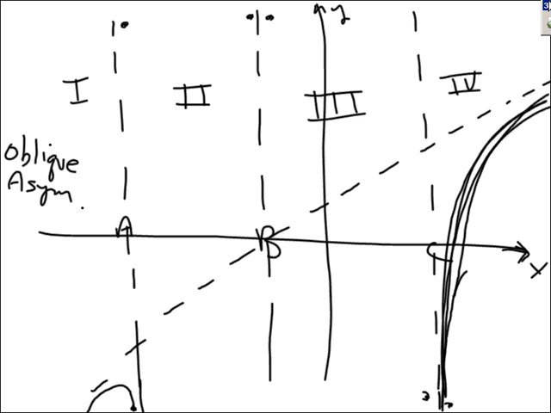Region 1 is going to go like that. It's getting closer to this line here. Getting closer to this line that's now in blue. And is getting closer to the oblique asymptote. Okay, now between A and B.